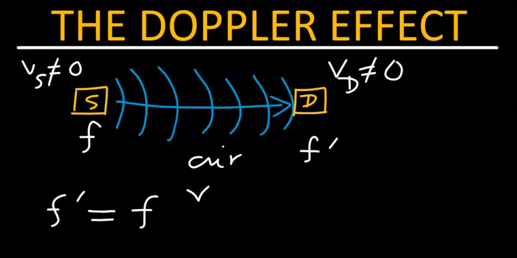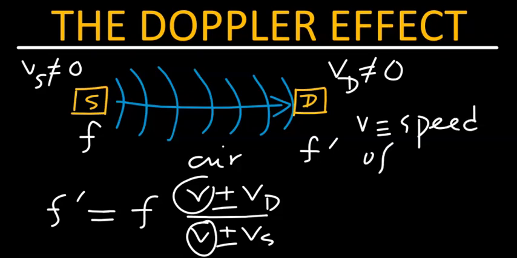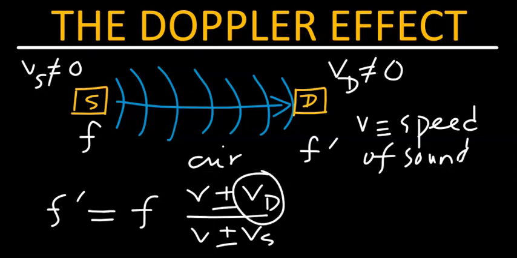It is f prime equals f times v plus minus v sub d over v plus minus v sub s. v in this formula is the speed of sound in the medium. So if we take the medium to be air, it is the speed of sound in the air. v sub d is the speed of the detector relative to the medium. And v sub s is the speed of the source relative to the medium.